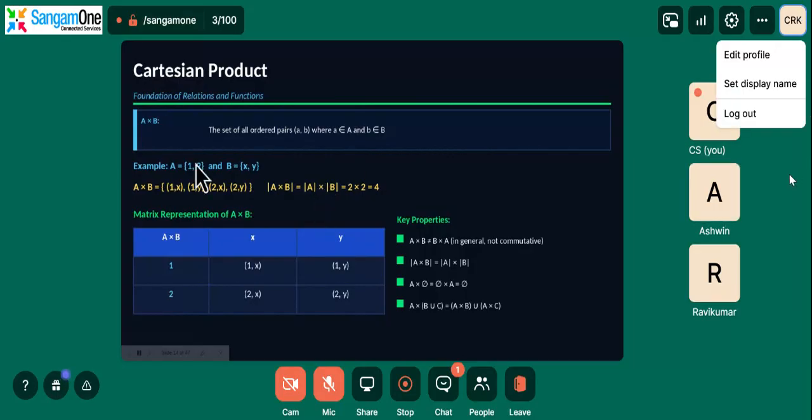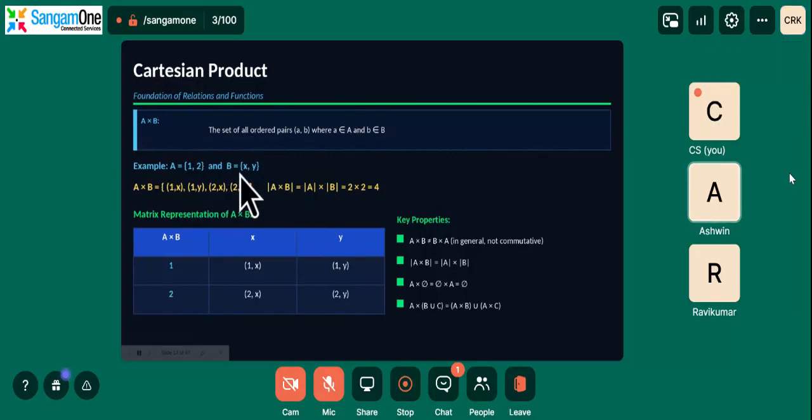This is the formula for finding the number of relations in A cross B. The matrix representation, as you can see here, is 1, 2, 1, X, 1, Y, 2, X, 2, Y. The key properties include A cross B, but not B cross A, because if you map the other way around, you get X1, X2, Y1, Y2.